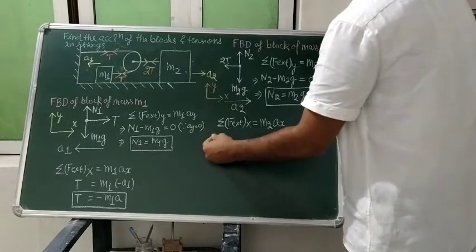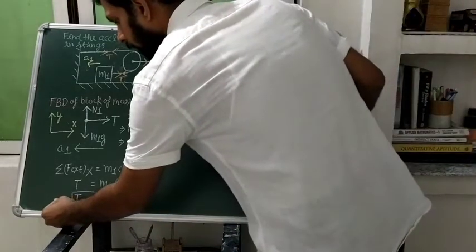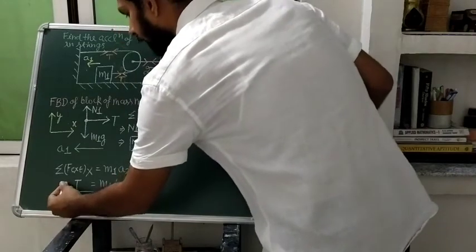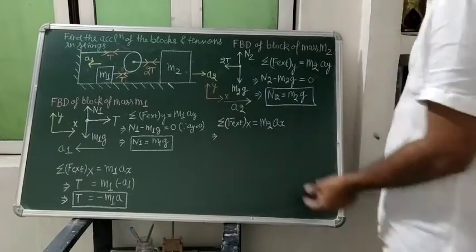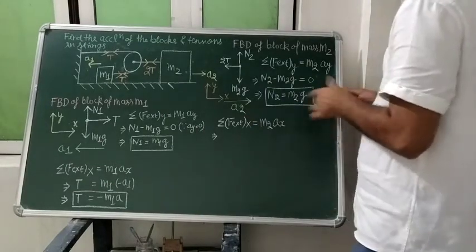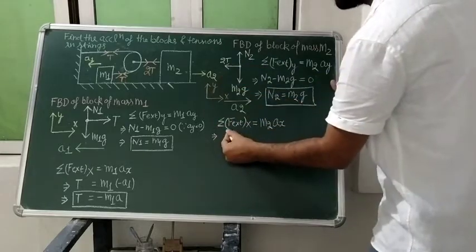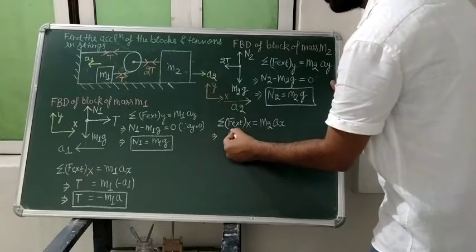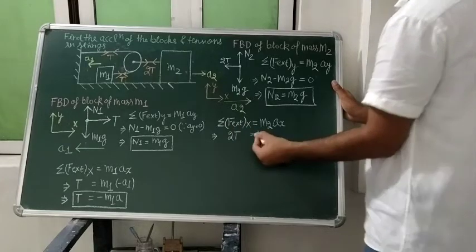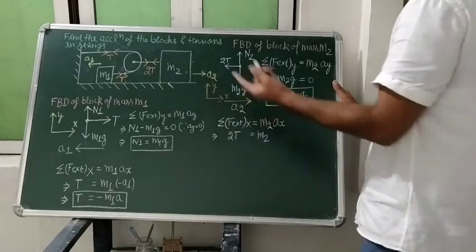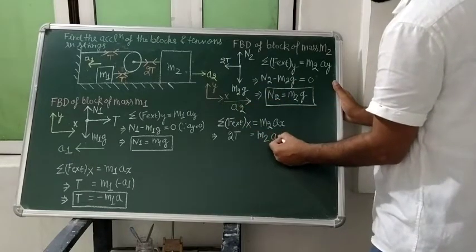So what is the external force acting here? Looking in x direction, only 2T is acting. So from here what do you get? This 2T is equal to m2 times the acceleration in x direction, which is a2, isn't it?